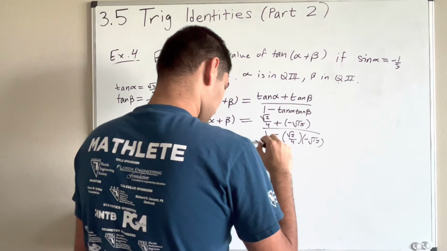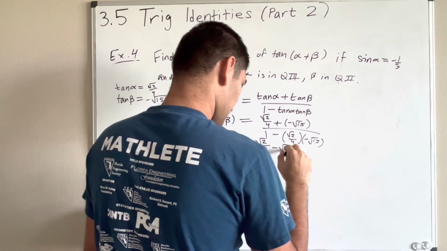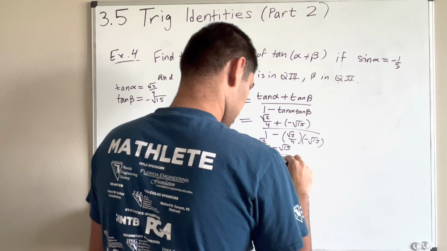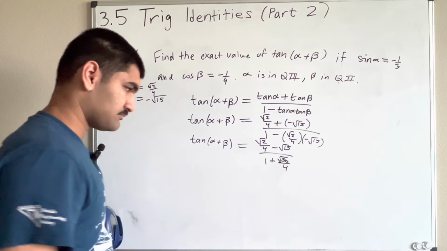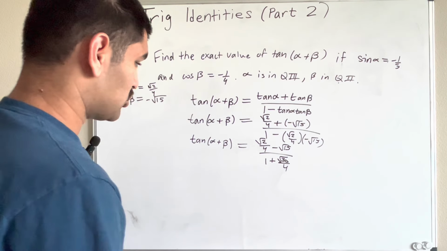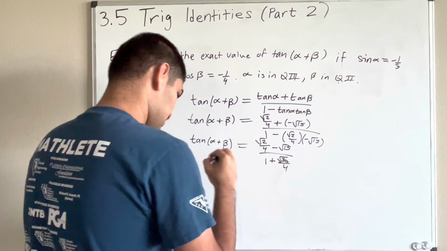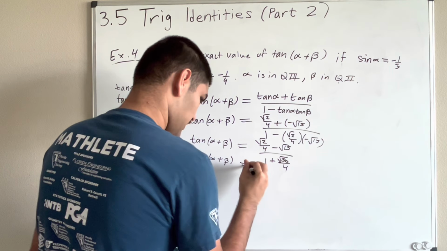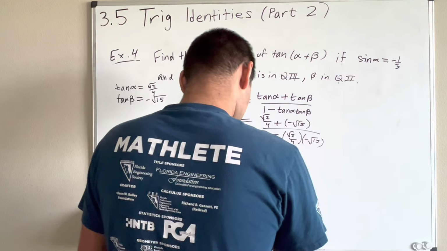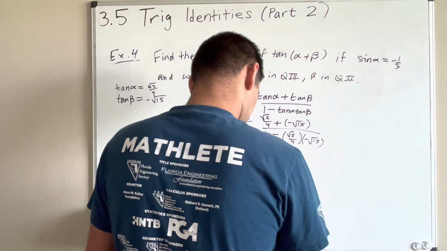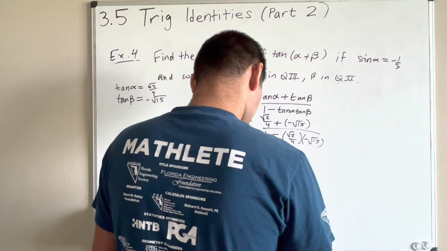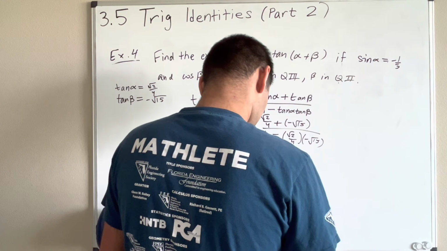So first, let's just distribute everything. So we get the following. And then let's try to get common fractions in the top and bottom. So we get, let's see, square root of 2 minus 4 root 15 all over 4, over 4 plus square root 30 all over 4.